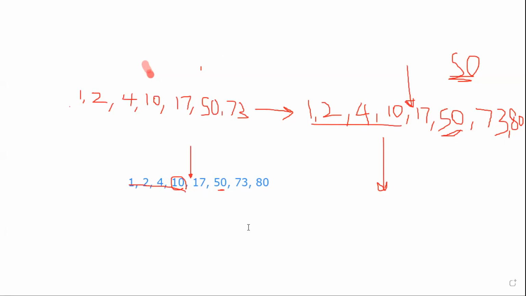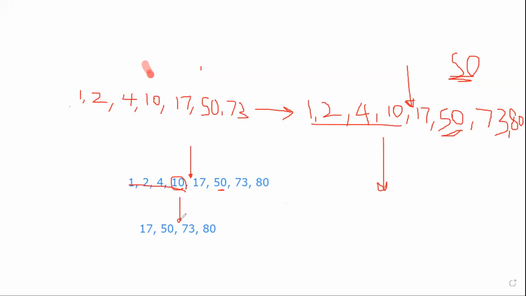Then we come down again. We are now going to be left with 17, 50, 73, and 80. We apply the same method again by dividing this into 2.